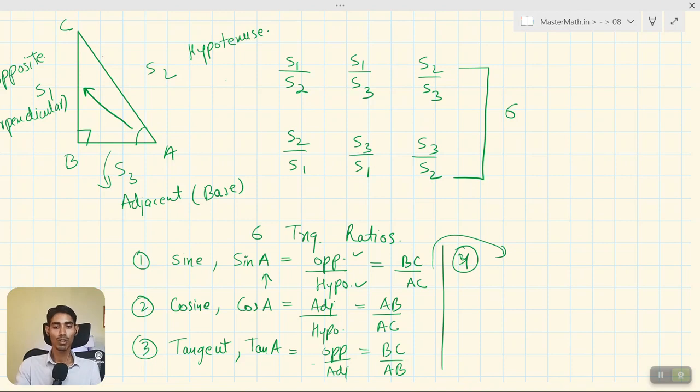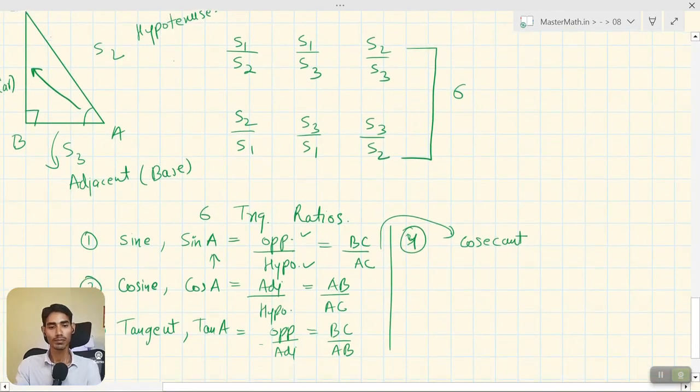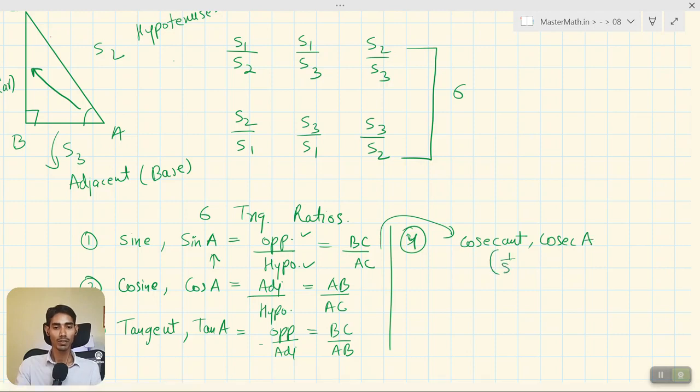So the reciprocal of sine is cosecant, written in short as cosec A, which is 1 by sine A, and this is AC by BC, hypotenuse by opposite.